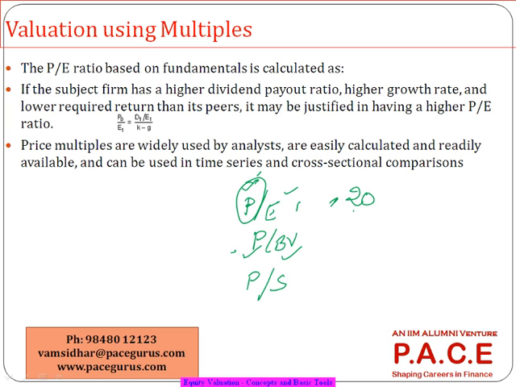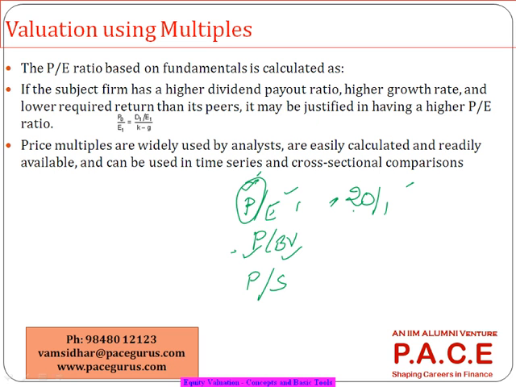Because I can very well write 20 as 20 by 1. I equate the numerator, I equate the denominator. For every 20 rupees which I spend on the company to buy its share in the market, the profit that it is generating internally is only 1 rupee, which means hardly 5% is the profit that it is generating.